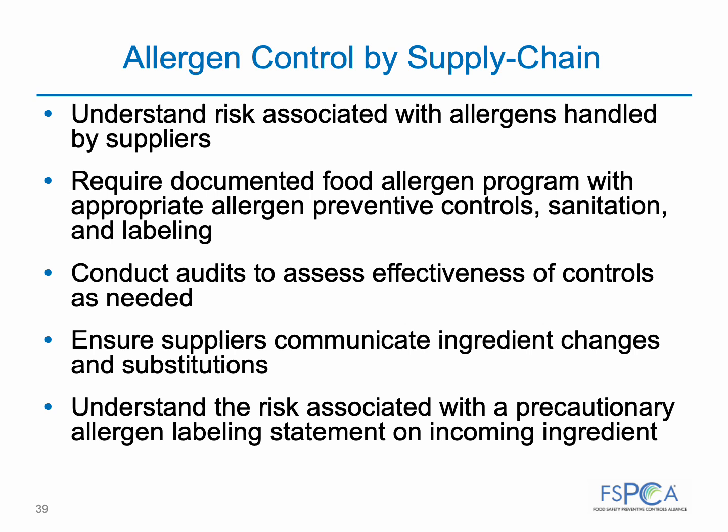Do they handle other allergens within their operation? If there is a concern, follow up with the ingredient manufacturer to obtain more information. This is especially relevant if may contain labeling is used on the ingredient. Ensure that the suppliers communicate any formula or labeling changes promptly.